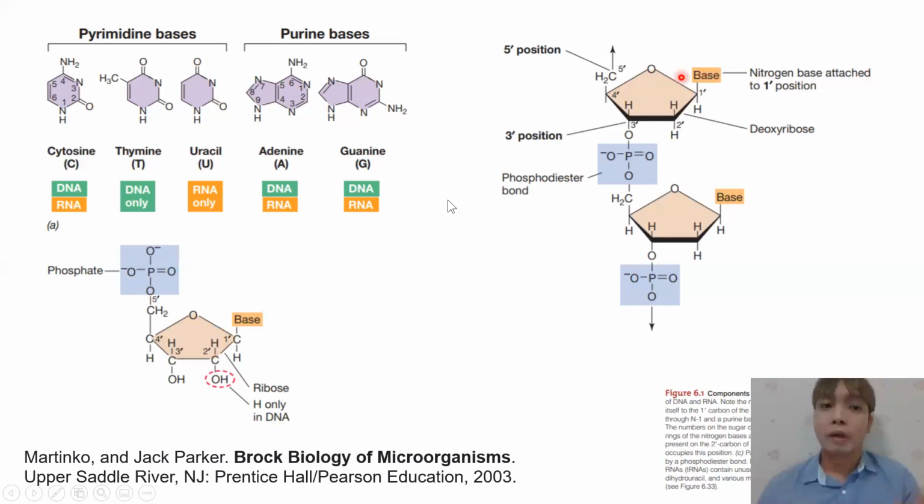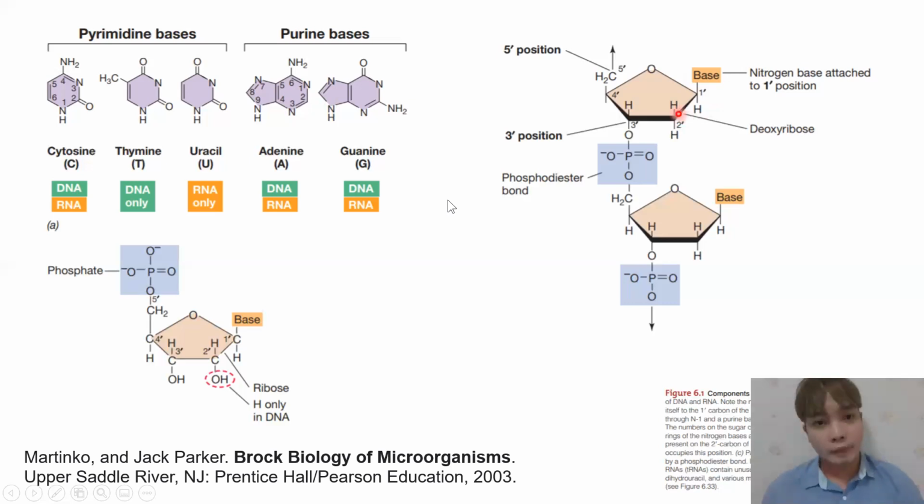So again, for pyrimidine, remember, pyrimidine has only one ring. So for one ring, of course, carbon number 1 is attached to carbon number 1 of our ribosugar. Okay? And for purine, number 9. Okay. Number 9. The nitrogen here is attached to number 1.